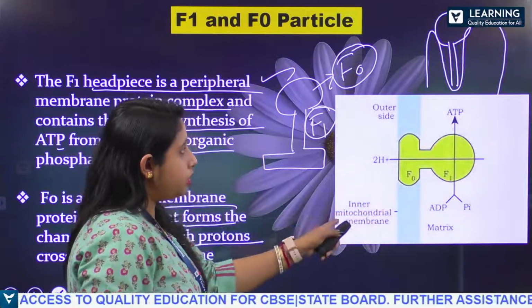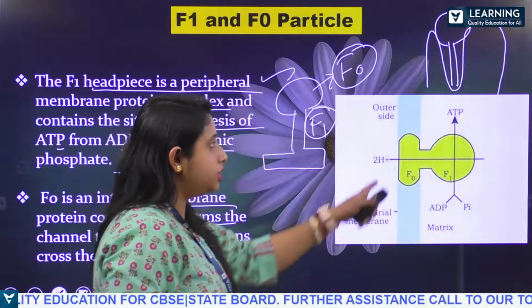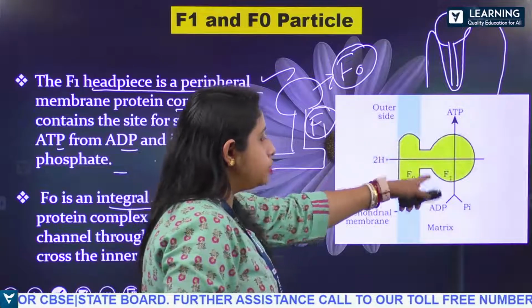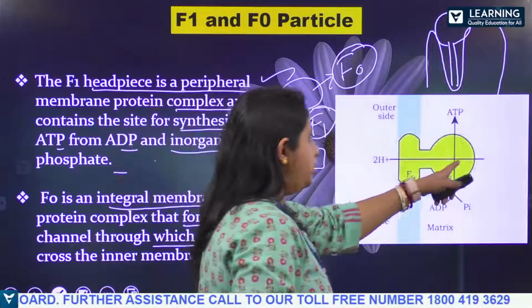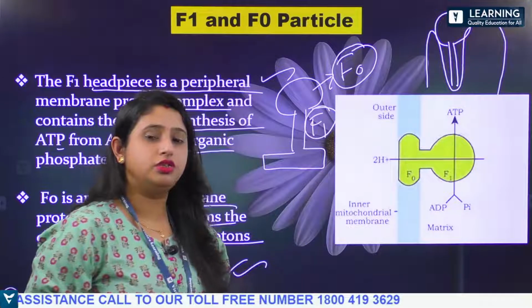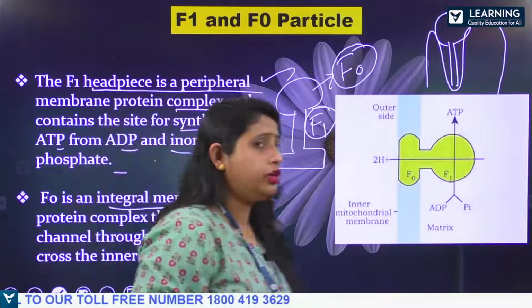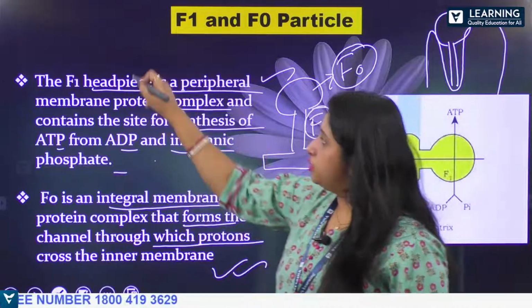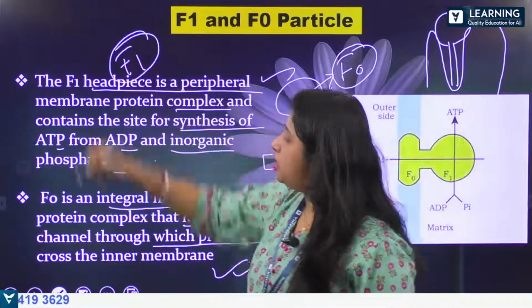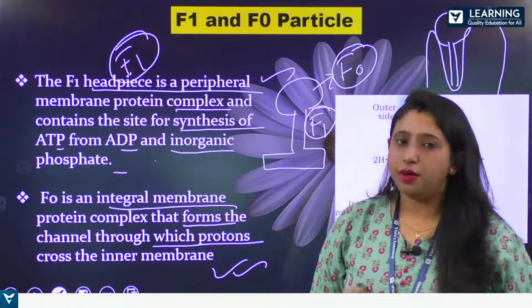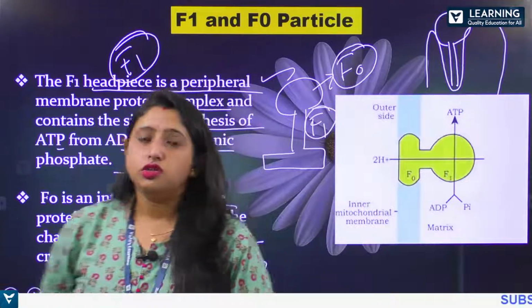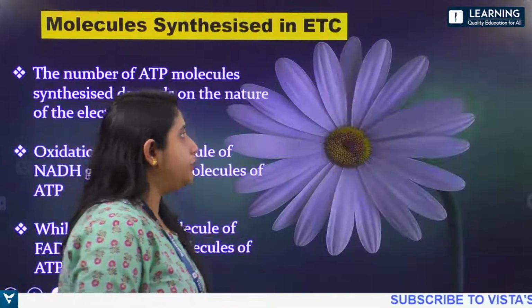So this is the inner mitochondrial membrane and this is the outside. The headpiece is known as what? The headpiece is known as the F1, okay? And F0 is the integral membrane part. Is that clear? So this is about complex number 5.